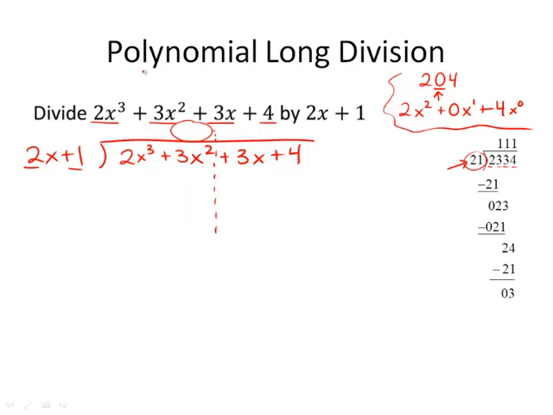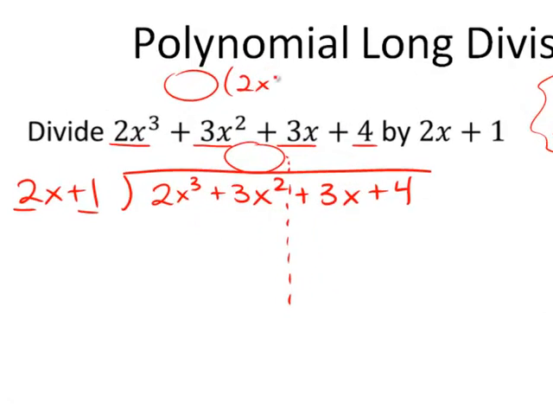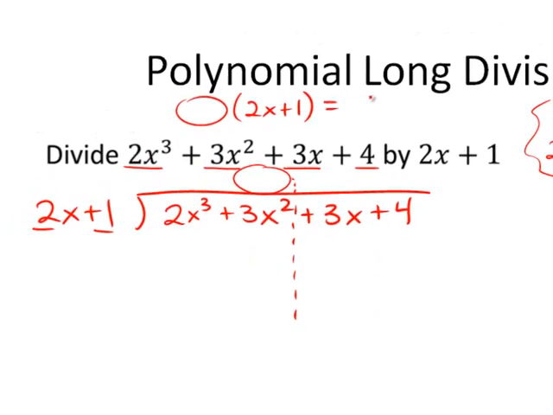So we're looking to take something times 2x plus 1 to give us something that starts with a 2x cubed plus something. We don't really care about the tail end. We care that the first term cancels with the first term when we subtract later. So what would you multiply 2x by to get 2x cubed?